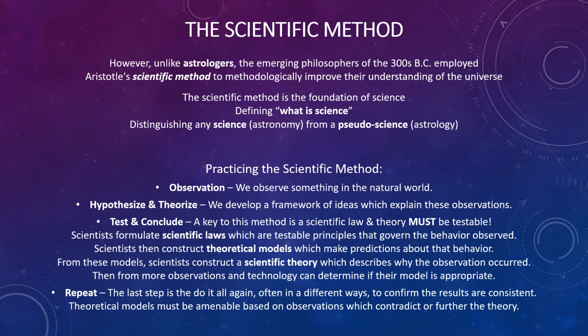And then to test and conclude, this is one of the most important steps, because this is how we derive theories and laws, because they must be testable. Testable principles govern the behaviors that we see.